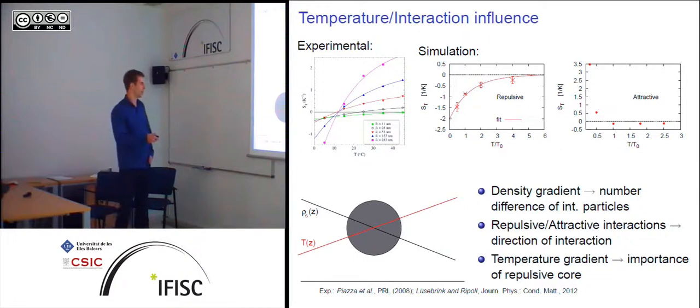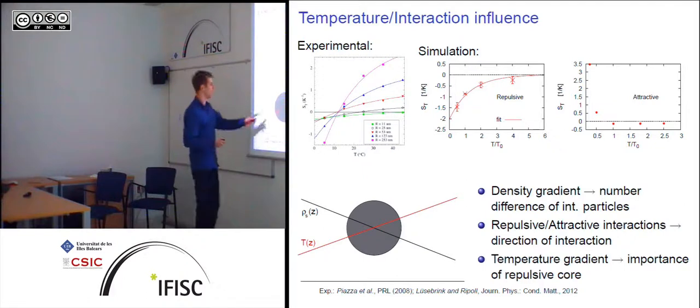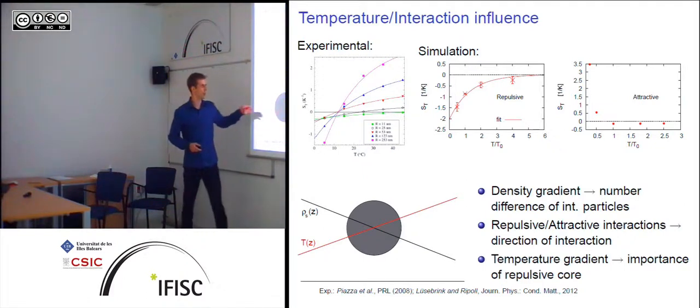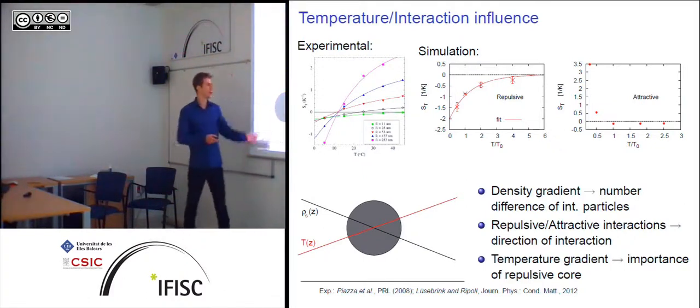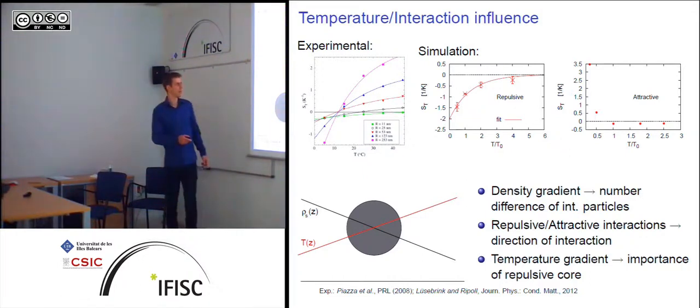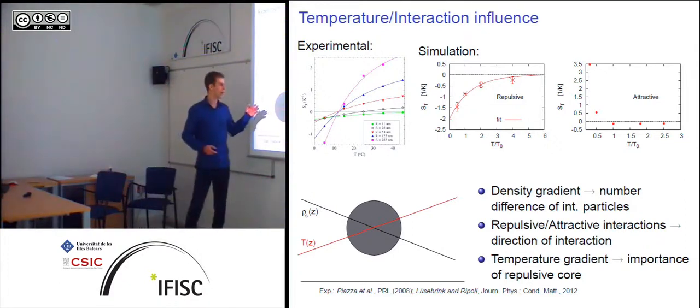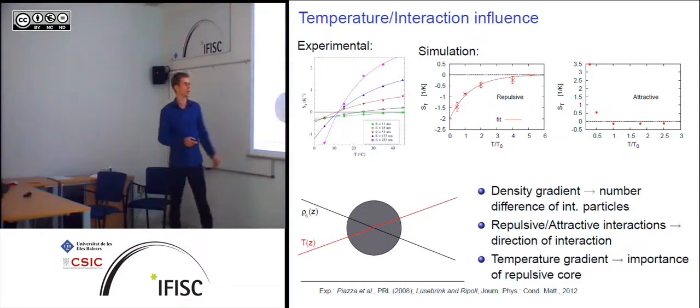Due to the density gradient, the pure number of interactions on this side is much larger than on this side. So if these interactions are repulsive, the colloid is effectively pushed towards the hot side of the system. This, in the case of a repulsive interaction, is enough to drive the colloid always to the hot side.